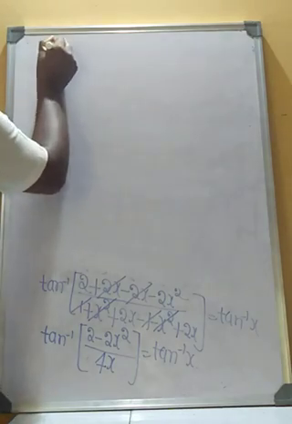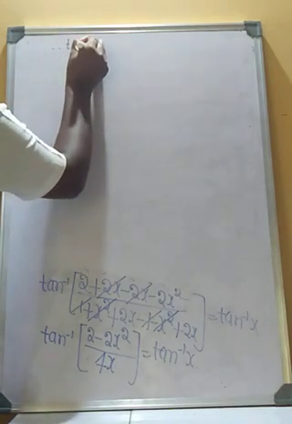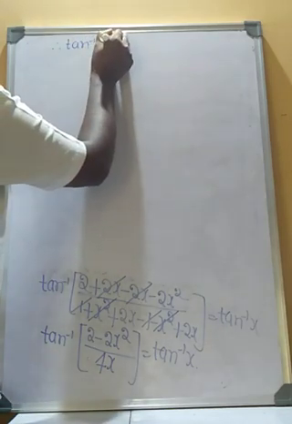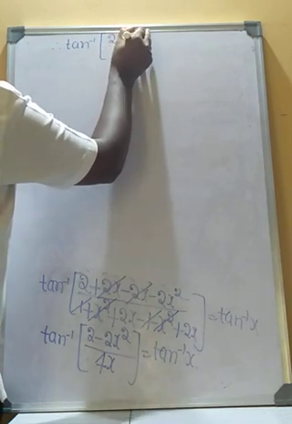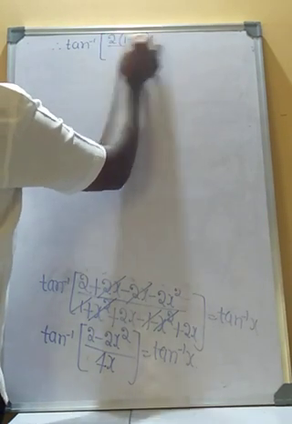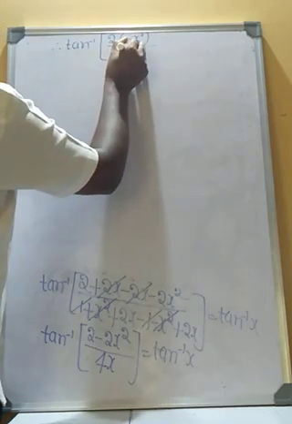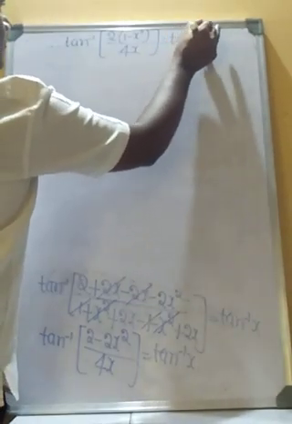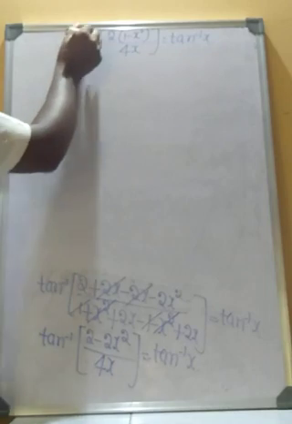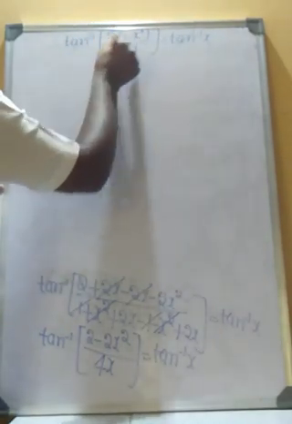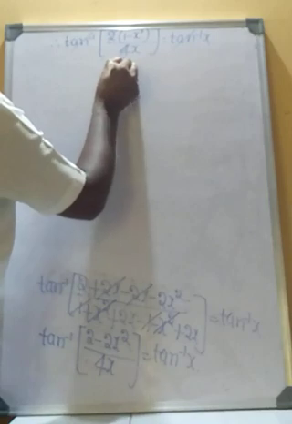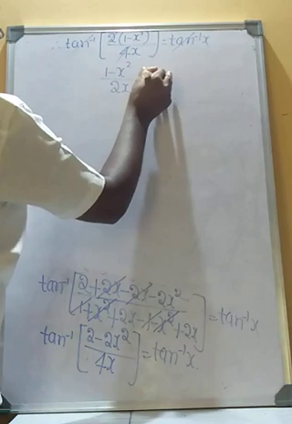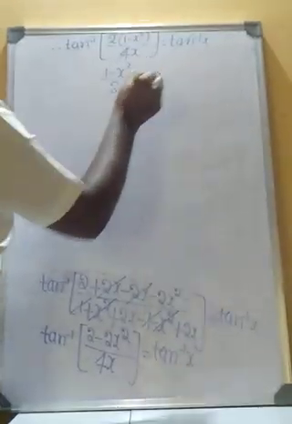Therefore, tan inverse of 2 minus 2x square, 2 is common, 1 minus x square divided by 4x, equals tan inverse x. Tan inverse cancels. 2 ones are 2, 2 twos are 1 minus x square divided by 2x equals x. Denominator is 1.